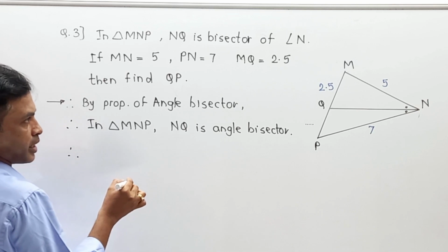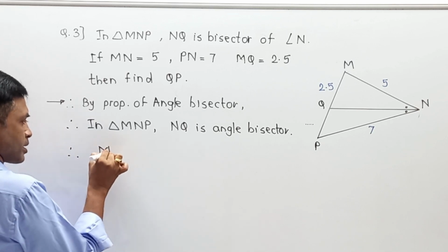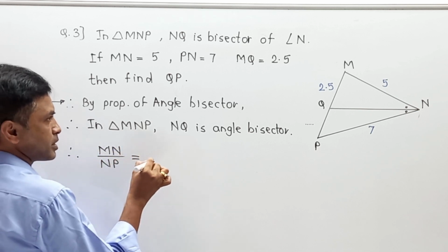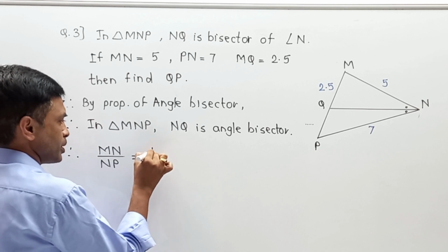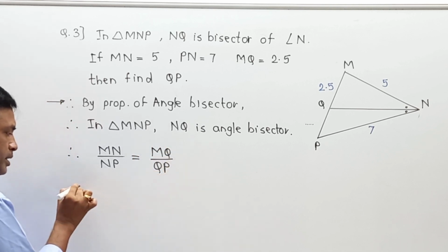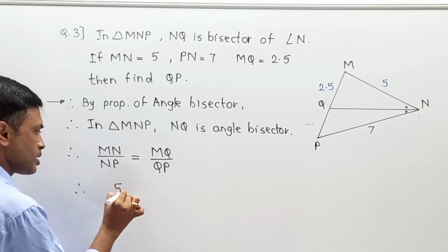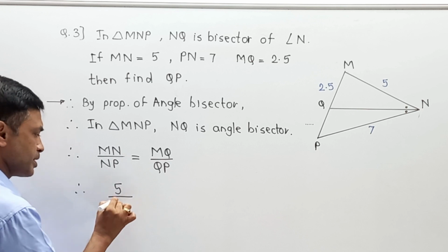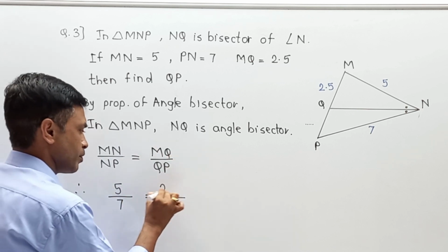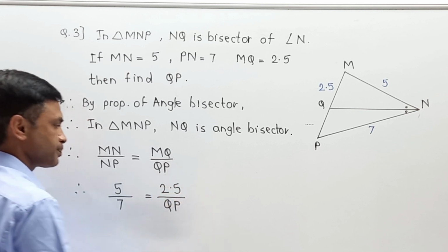Therefore MN upon NP is equal to MQ upon QP. Simplification: MN, that value is given as 5, upon NP, this NP is 7, is equal to MQ, that is 2.5, upon QP, that is unknown for us.